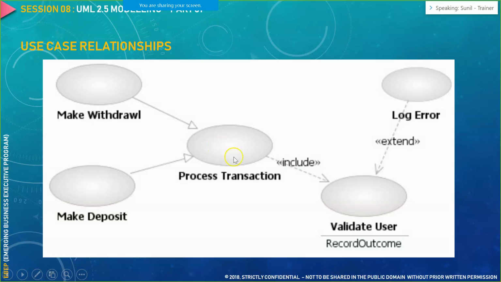When we process a withdrawal transaction, this transaction includes the validate user use case. Why does it include it? Whenever you are processing a withdrawal, the ATM machine or the cashier would first validate whether you are a valid user or not. Once your validation happens, then only the transaction process would be successful and you should be able to make a withdrawal.